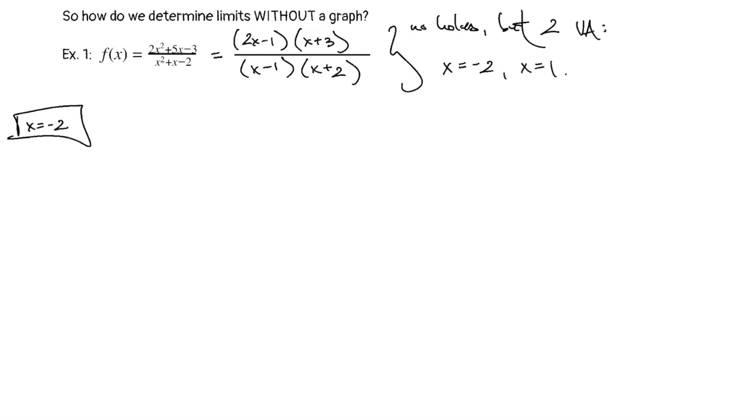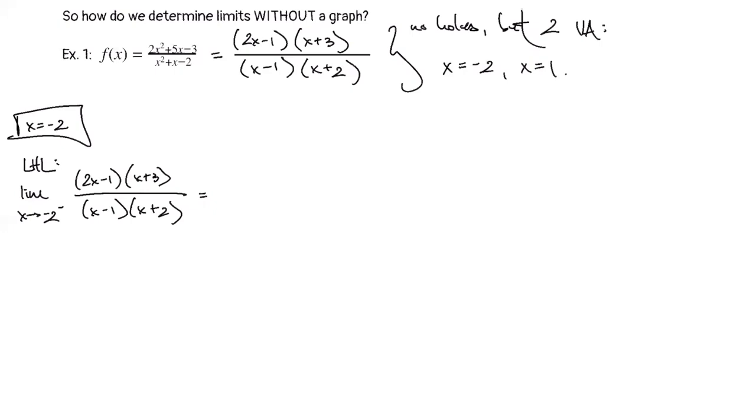But let's start with the left-hand side limit. That is the limit as x approaches -2 from the left of this function. Here's what we're going to do. We're going to think about using numbers to help us out.